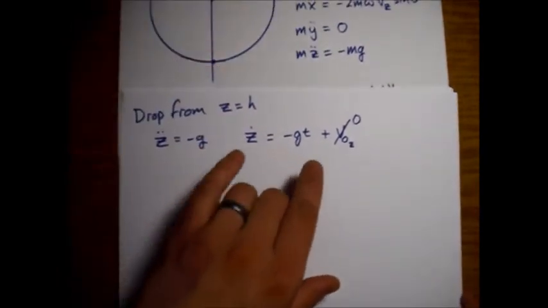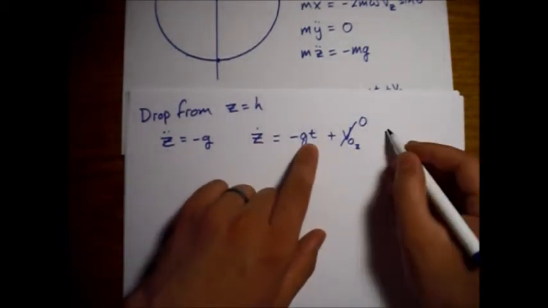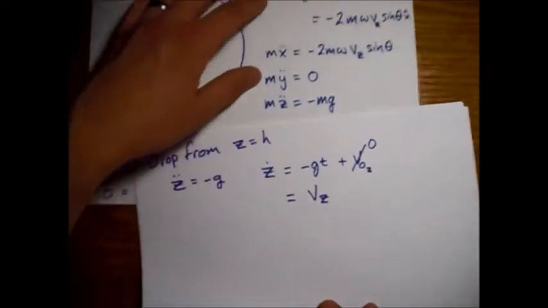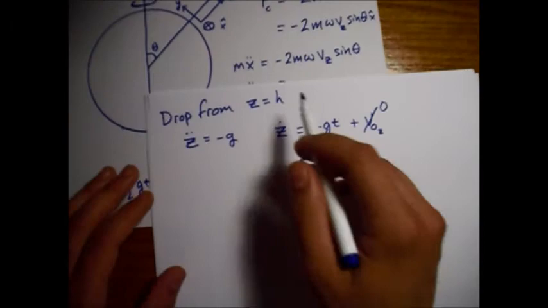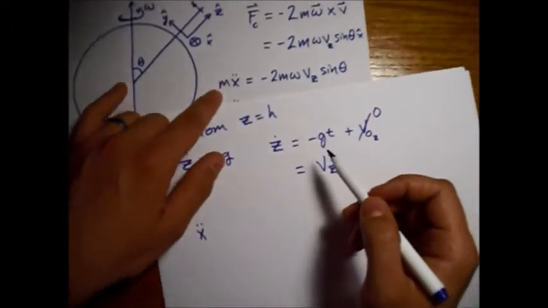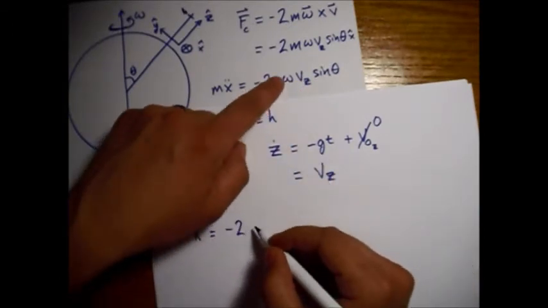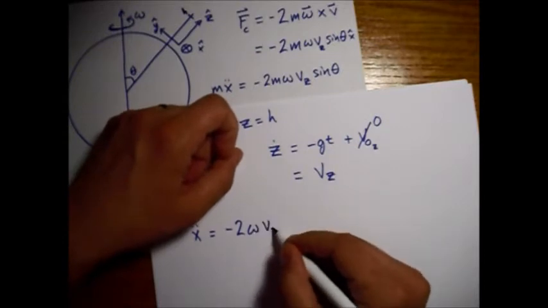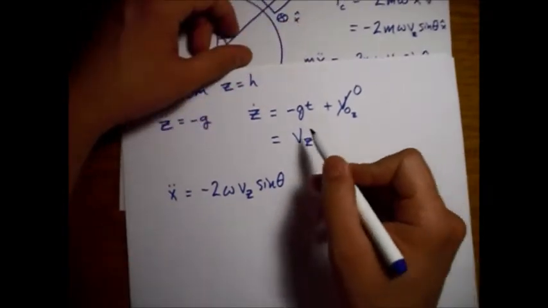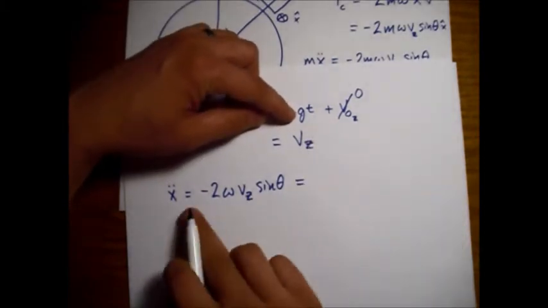All right, so now we have our z dot, which is equal to vz. So we're going to plug that into this equation now. And again, I'll divide by the mass. So we have x double dot from up here equals minus 2 divided by the mass omega vz sine of theta. All right, so now we can plug this in. Our minus sign goes away.